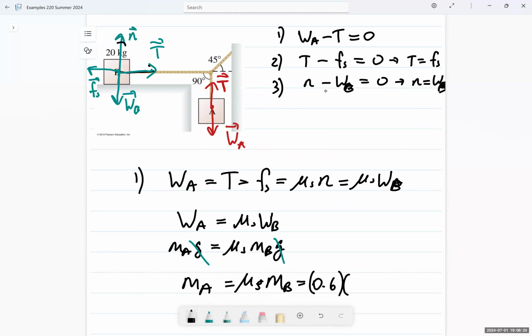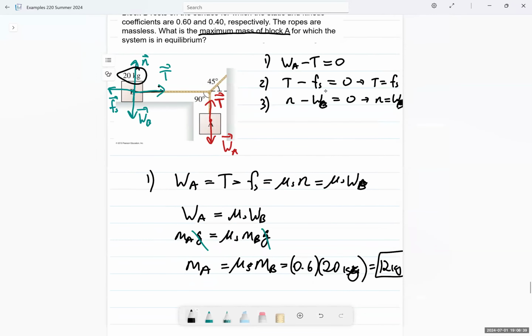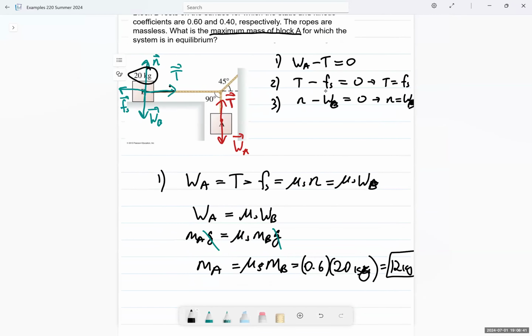Mass of B is given as 20 kilograms. So mass of A has to be 0.6 of 20, which is 12 kilograms. It cannot exceed 12 kilograms. Otherwise, the system will not be in equilibrium. And that's how we would solve this problem.